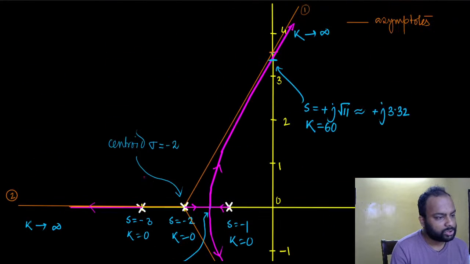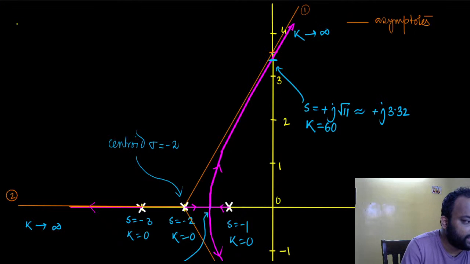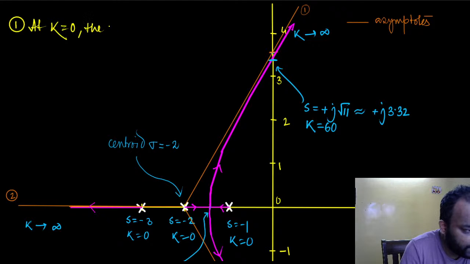Along the asymptotes. So the things that we have discovered so far are, number 1, at k equal to 0, the root loci start at the open loop poles.